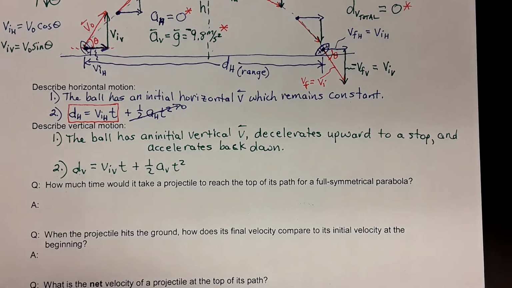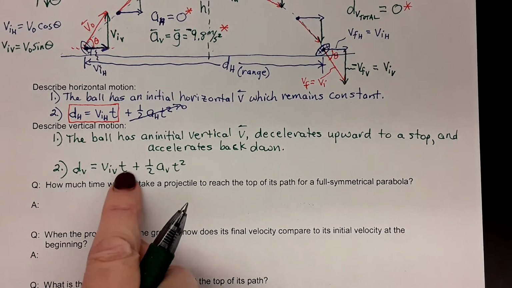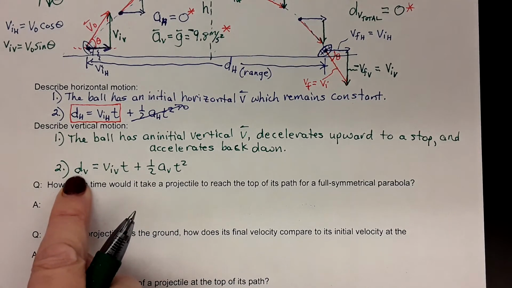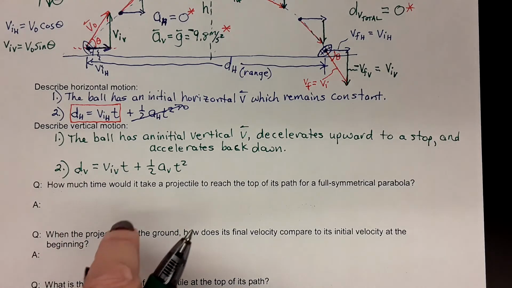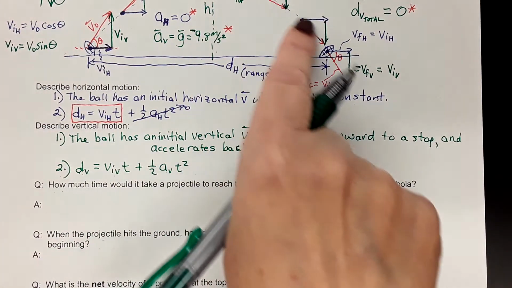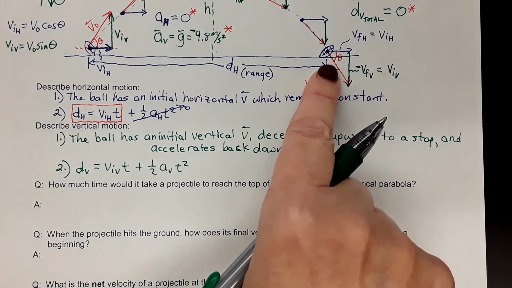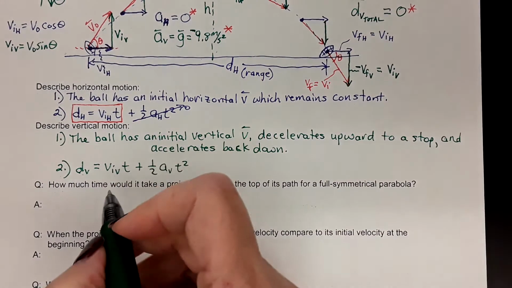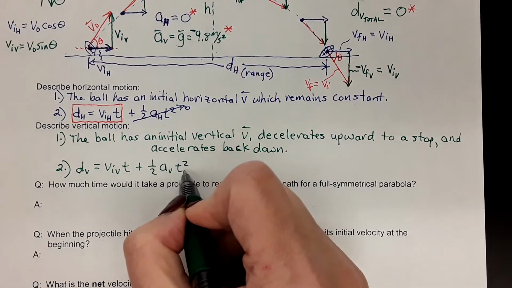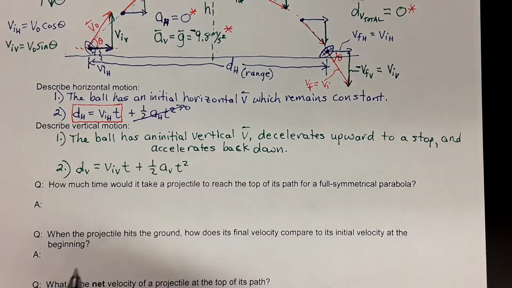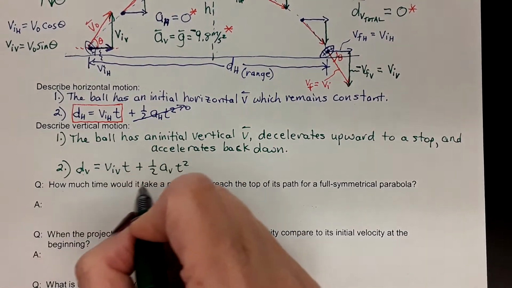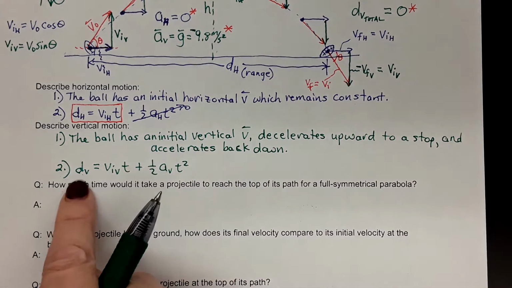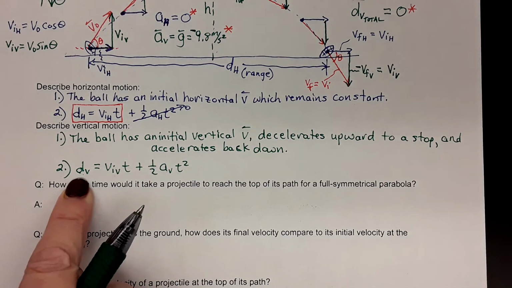In fact, one thing you need to understand is whatever point in time you put in, it'll tell you how far above the ground you are. For example, if the total time for this was 2 seconds, and we wanted to see where the ball is located at 1.5 seconds, we'd put in 1.5 seconds, we'd put in our initial velocity and the acceleration, and we'd stick it in the calculator, and it would tell us how far above the ground the ball is at 1.5 seconds.